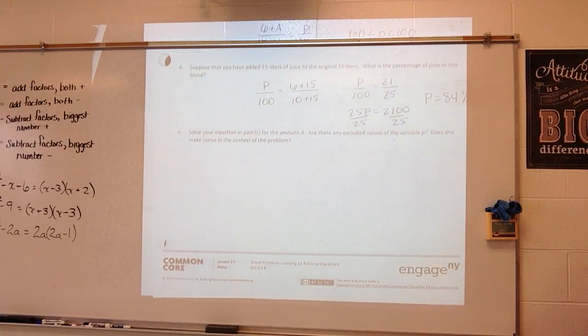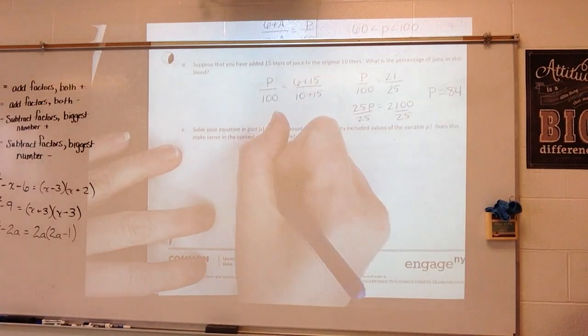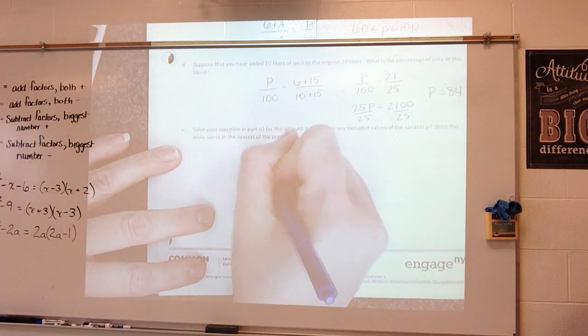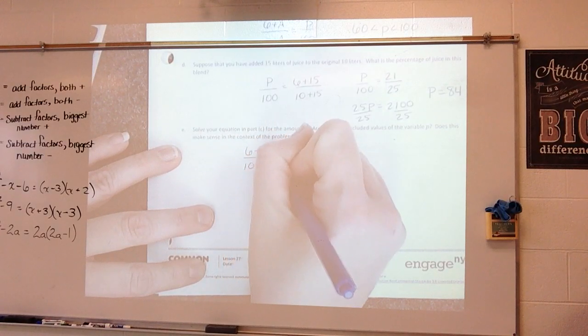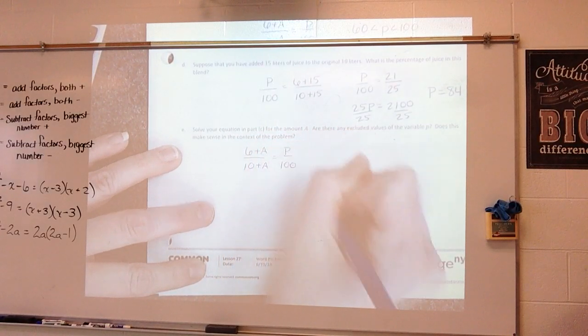Solve your equation in part C for the amount A. Are there any excluded values of the variable P? Does this make sense in the context of the problem? Alright, so it wants us to go ahead and solve this one. 6 plus A over 10 plus A is equal to P over 100.